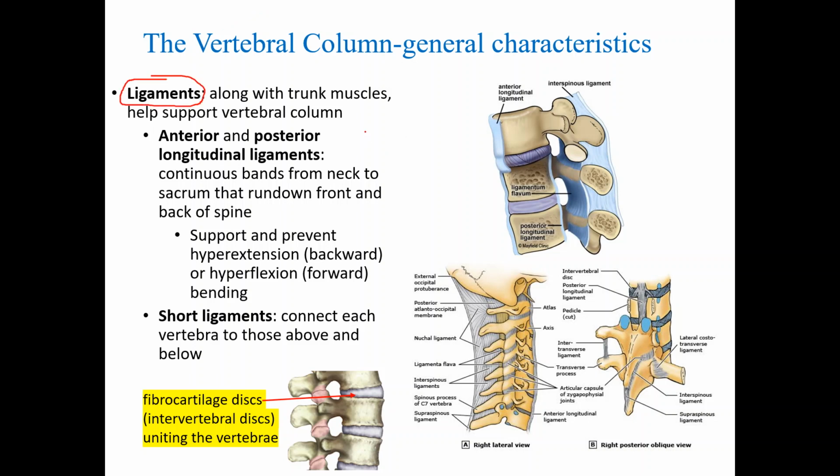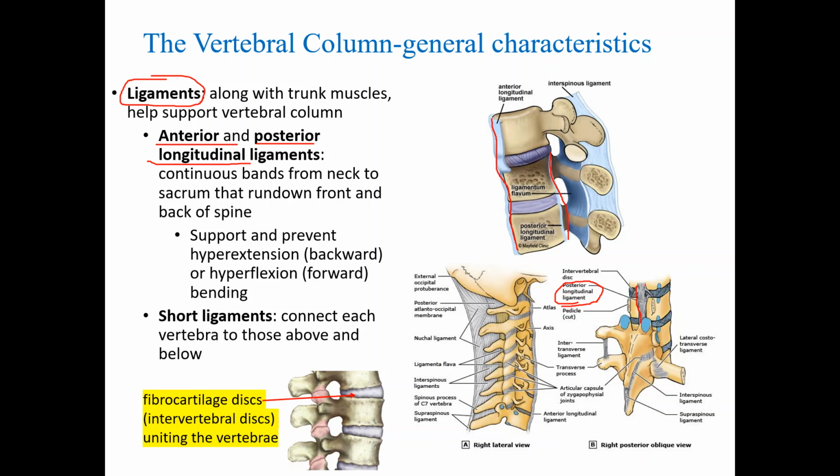There are two pretty long ligaments, which are the longitudinal ligaments. These are the anterior and posterior ligaments, which are highlighted here, anterior ligament and posterior ligament, okay? This is the posterior longitudinal ligament.